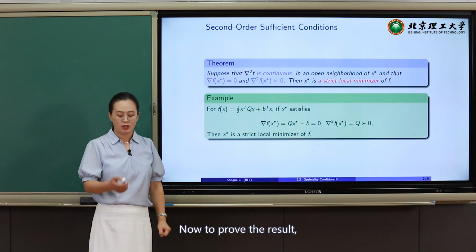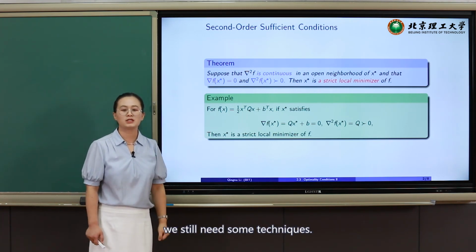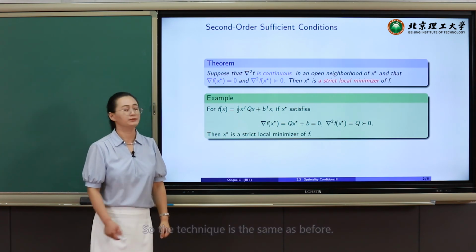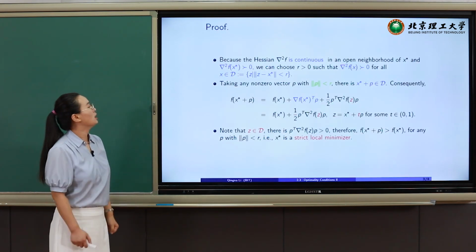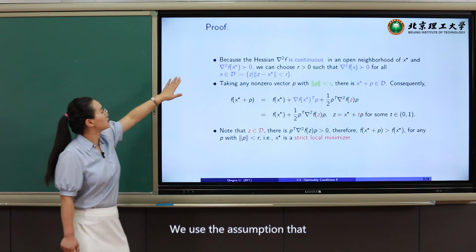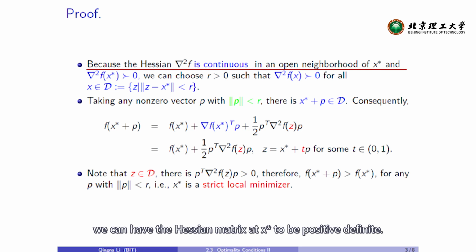Now, to prove the result, we still need some techniques. The technique is the same as before. We use the assumption that the Hessian matrix is continuous in an open neighborhood of X star. In this case, we have the Hessian matrix at X star to be positive definite.